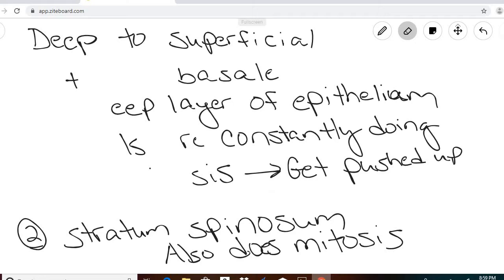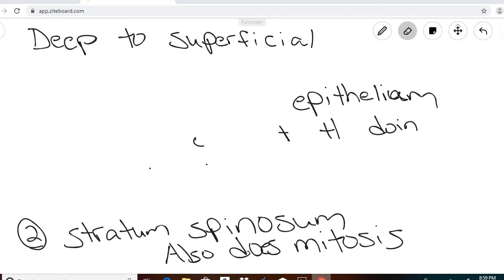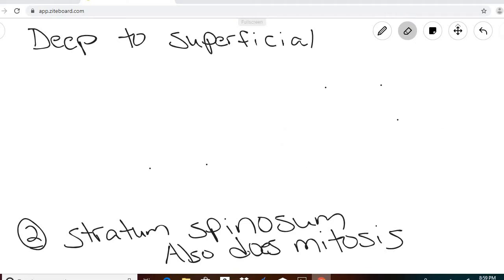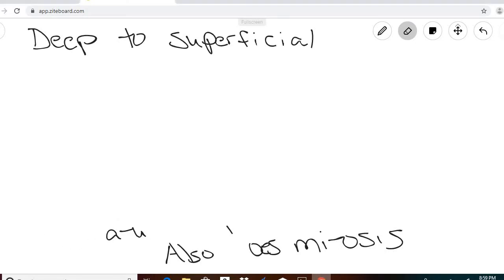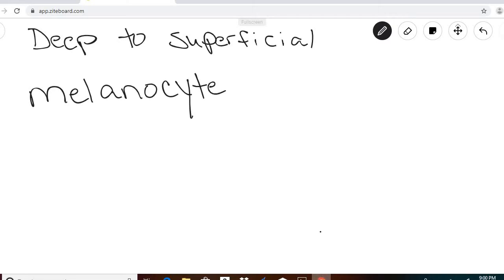Let me say a couple more things about these two layers. So in addition to the fact that they do mitosis, these two layers also contain melanocytes. So use that word cytes, which remember, it just means cell.